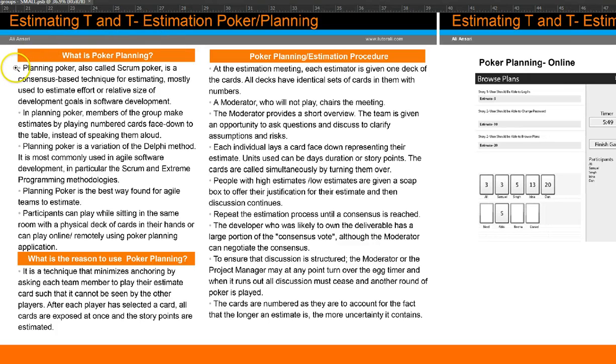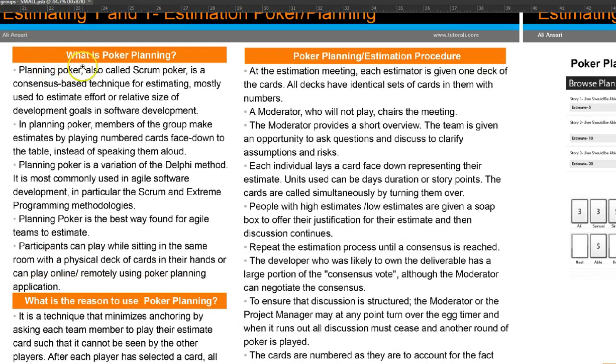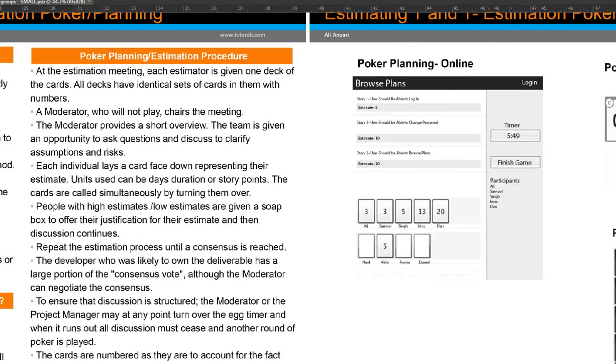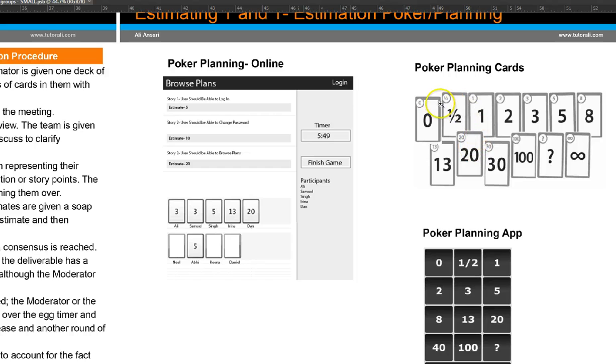Poker planning, as I said before, is used in Scrum, which is also called poker scrum. Over here, the members of the group make estimates by playing numbered cards face down to the table instead of speaking them aloud. And if you take a look over here, we have an example of different cards.